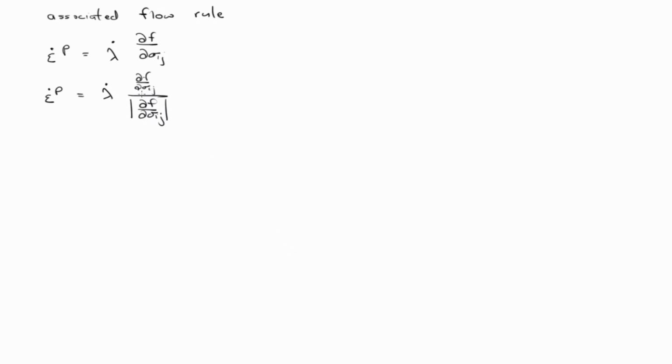So you simply divide by, so another way you could write this is Sij over the magnitude of Sij, where we've defined the magnitude of a tensor before. The magnitude of a tensor is the square root of Sij, Sij. Right? And so this gives you a direction.